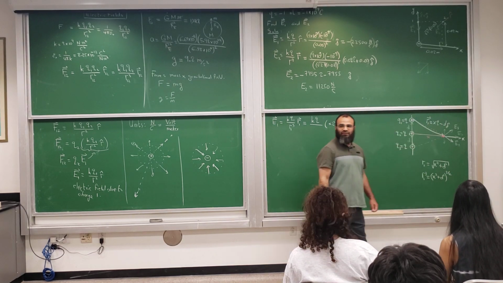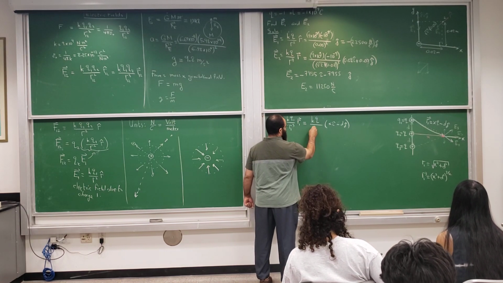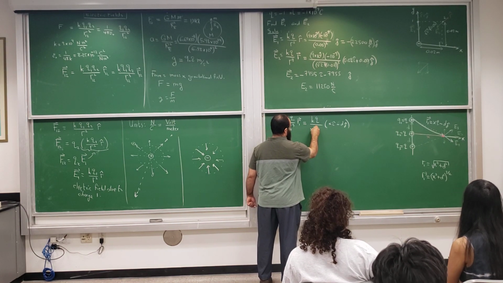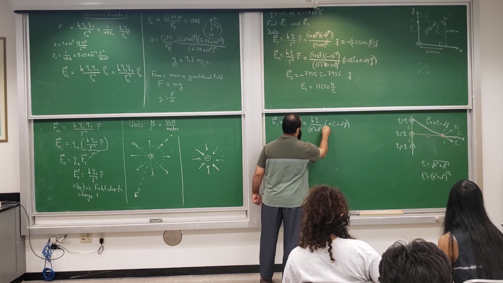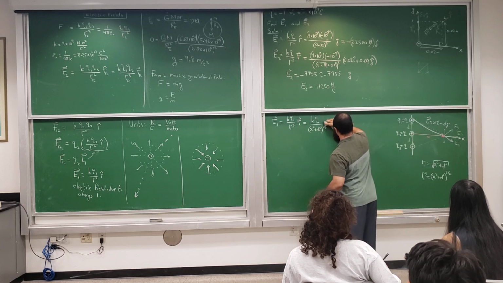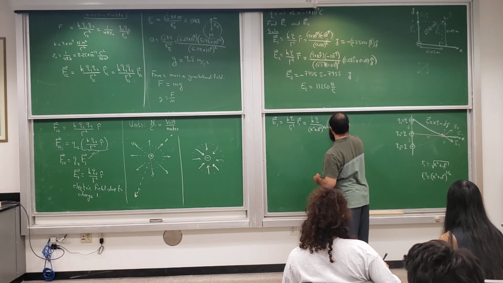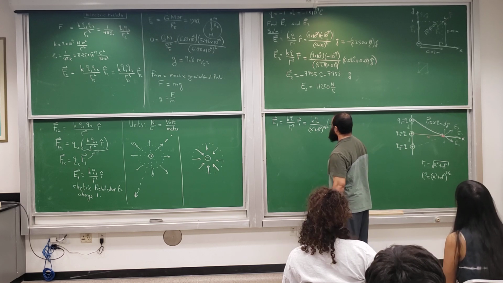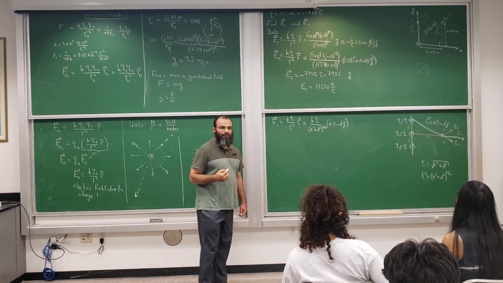Okay, so you will have x squared plus d squared to the 3 over 2 power. Let's make this one a little nicer. Okay, so that's E1.